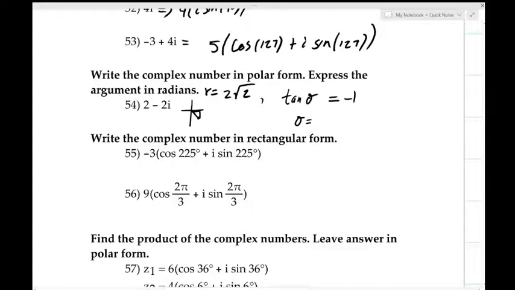Tangent inverse of negative 1 is going to be negative 45 degrees, or 315. Okay, so that would be 7 pi over 4.